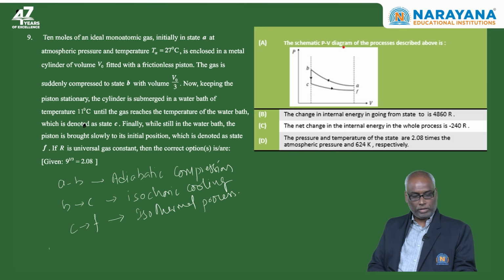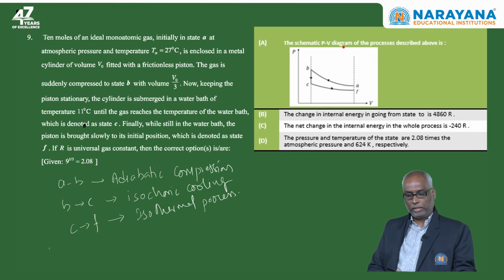After the volume has changed to V naught by 3, the piston is kept stationary, the cylinder is submerged in a water bath of 11 degrees centigrade until the gas reaches the temperature of the water bath. While still in water, it is brought back slowly, so temperature will remain constant. So, it is an isothermal process.